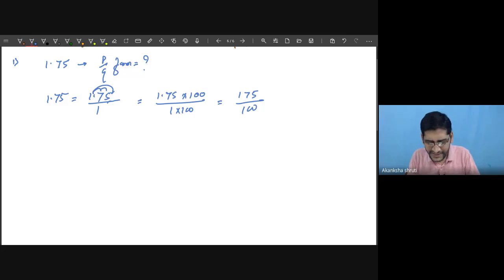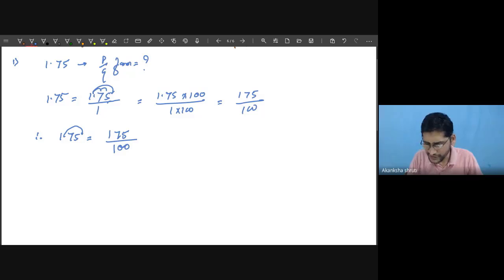Therefore, the simplest method that we are using is what? 1.75. See, this is terminating. For converting this, how many decimal places do we want to move? 1 and 2. One is 7, another is 5. So you write 175 as it is, and below, after 1, how many decimal places have you moved? 2 places.